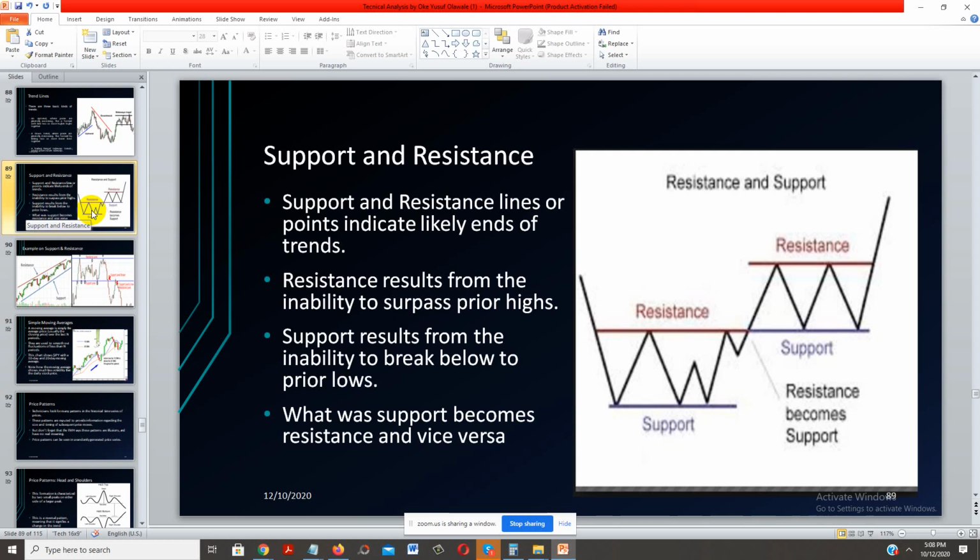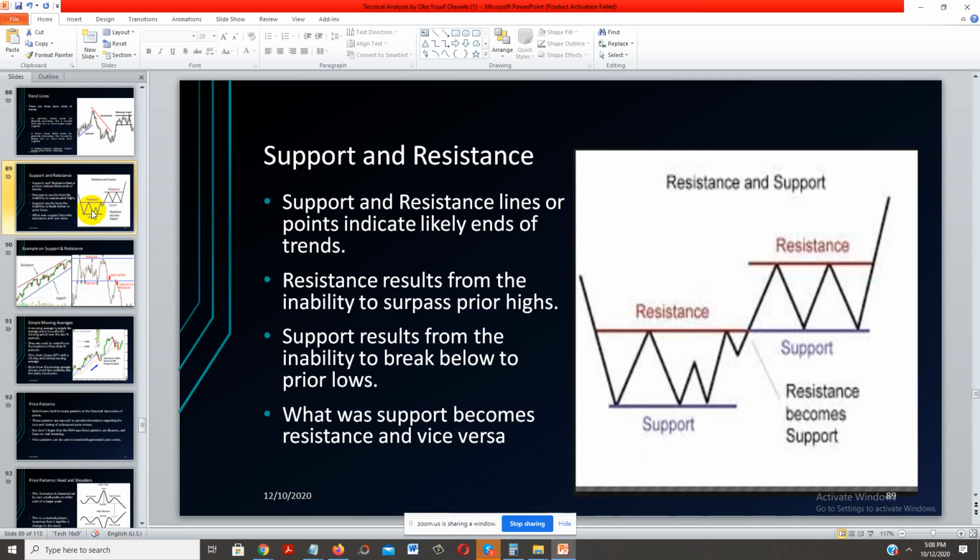Now we have support and resistance. Support and resistance lines or points indicate likely ends of trends. Resistance results from the inability to surpass prior highs, while support results from the inability to break below prior lows.